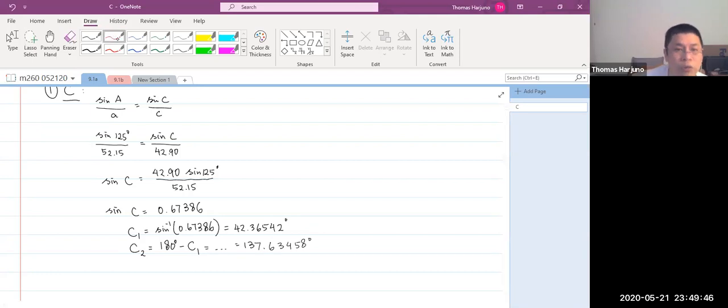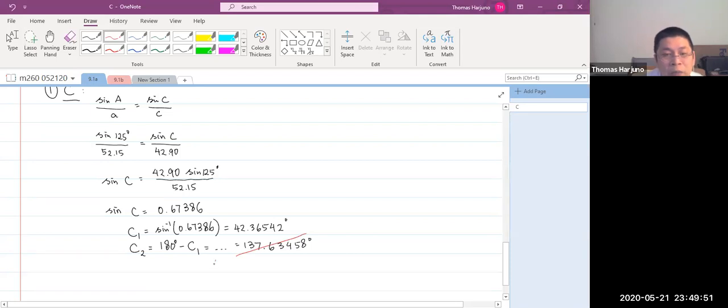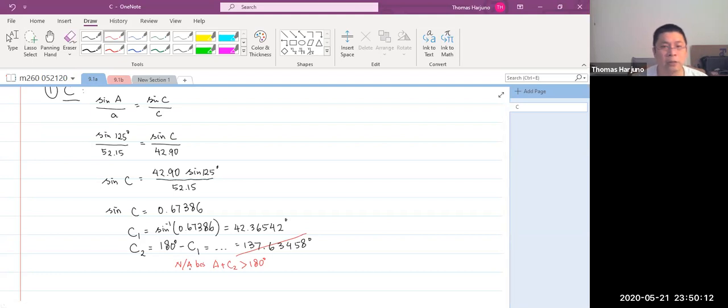And then you cross it out and say A plus C2 is already greater than 180 degrees. You give it first and then say what's wrong with it. That's how you show that the answer is actually two angles, but one of them is not applicable.